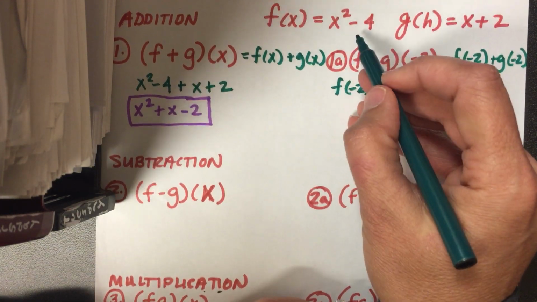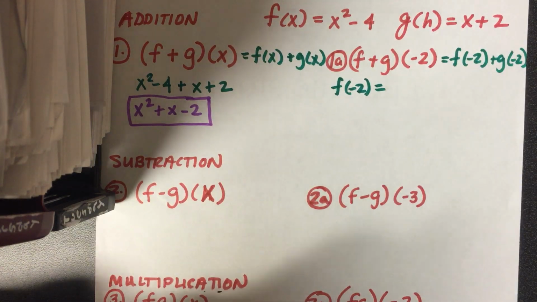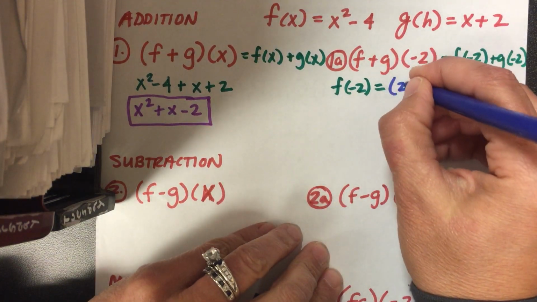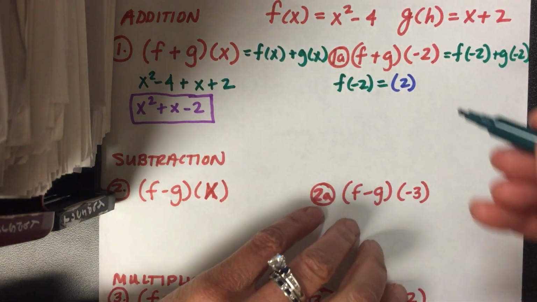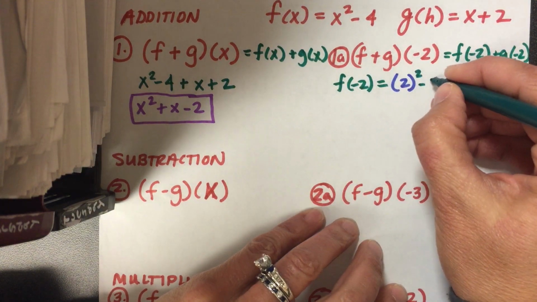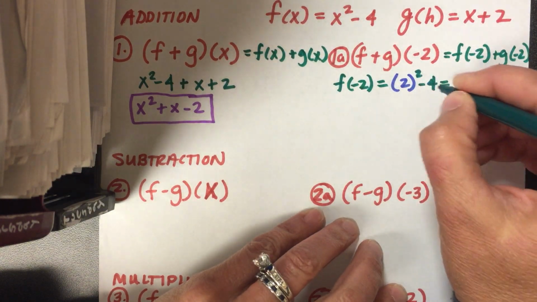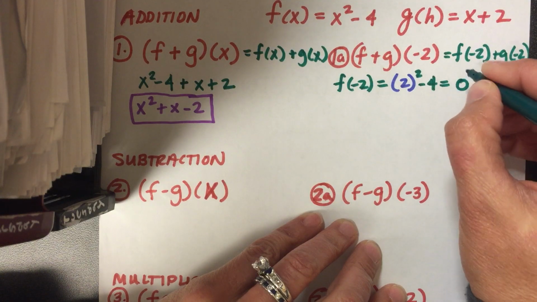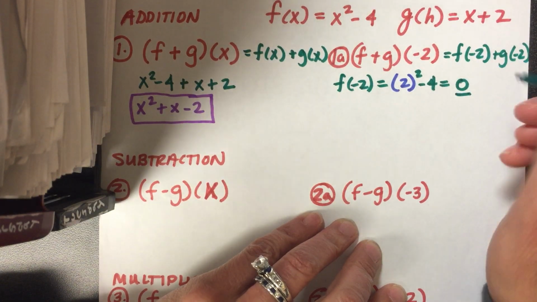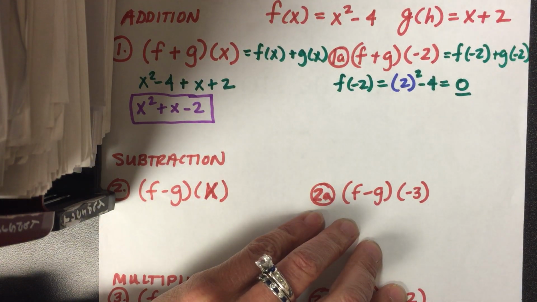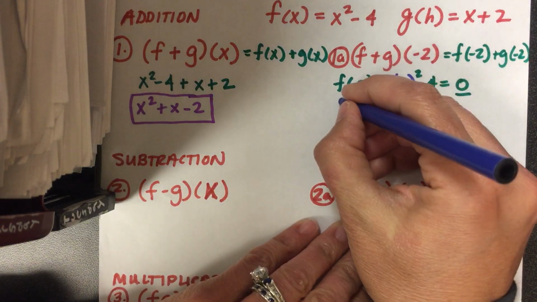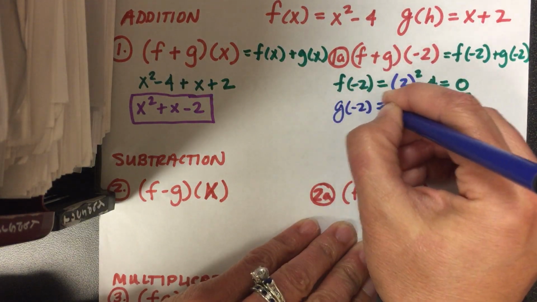F is x squared minus 4. So let's plug in negative 2 for our input, using that word again, input, minus 4. So negative 2 squared is 4, 4 minus 4 is 0. So f of negative 2 is 0. Let's do g of negative 2.